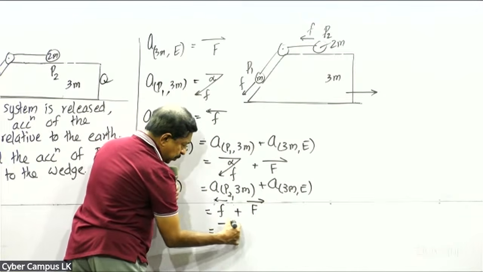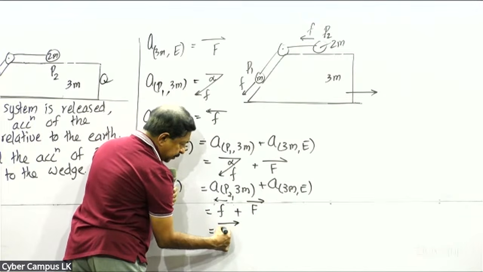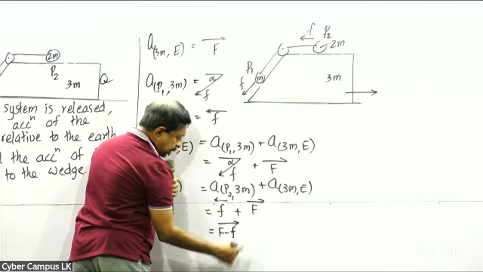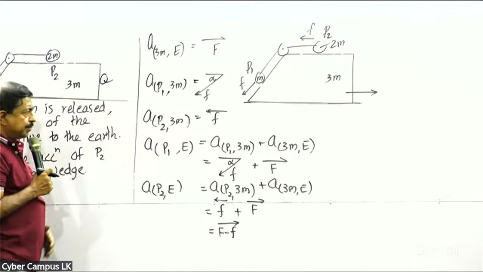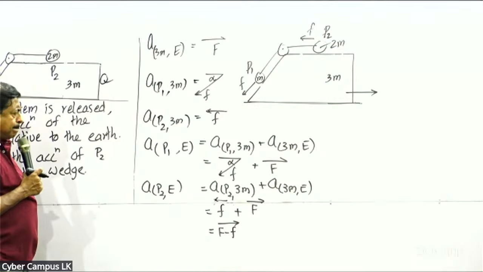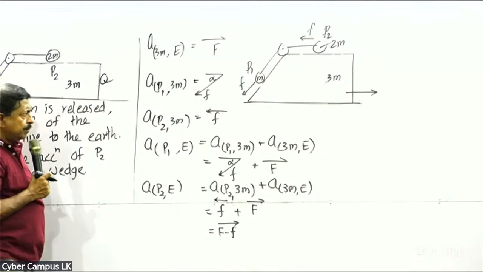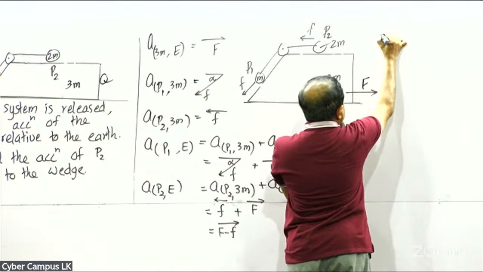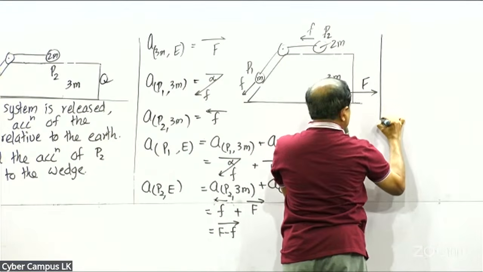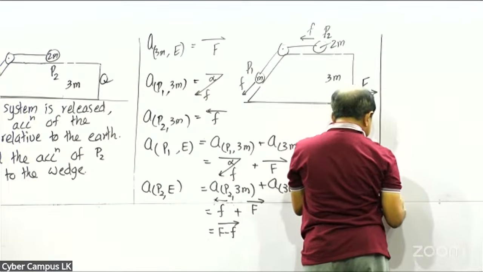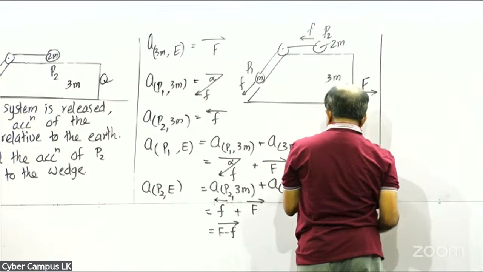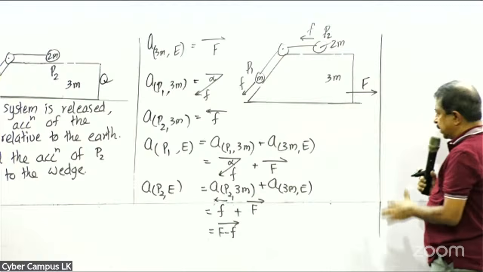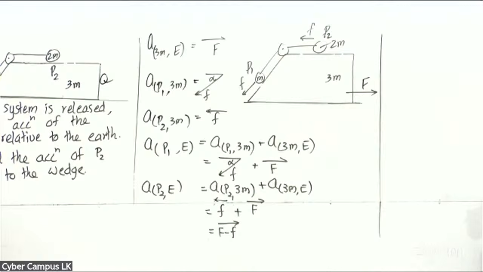Therefore, if you name it like this, it is capital F minus simple F. Now we can go ahead and consider the diagram with all the forces and everything, reactions, tensions. This is kind of simpler than the previous problem. So I'll draw it here.